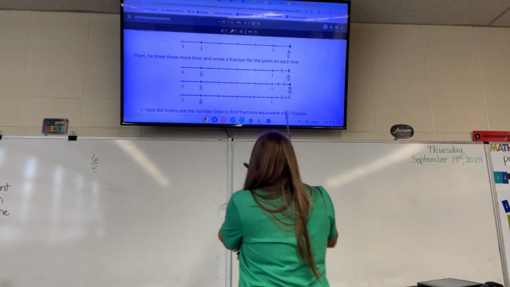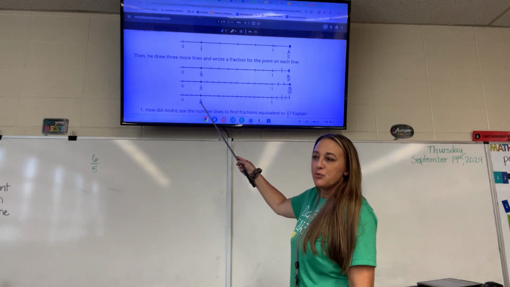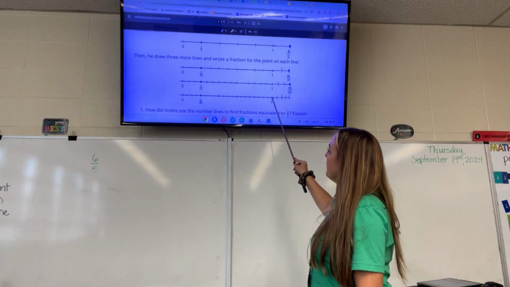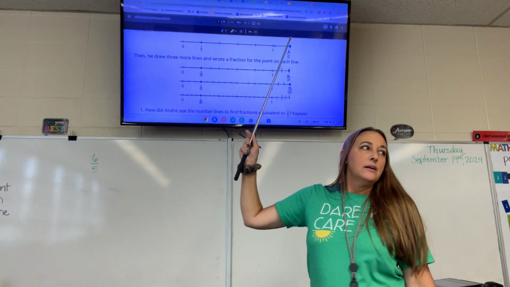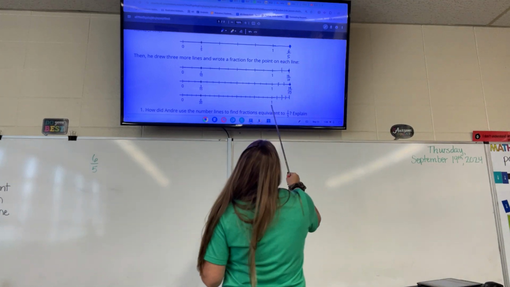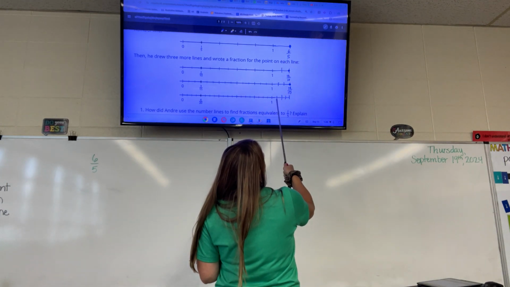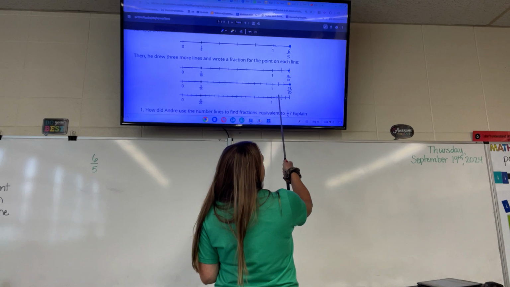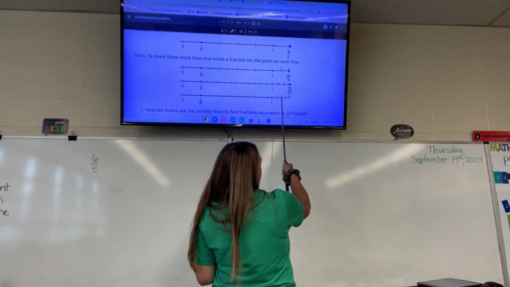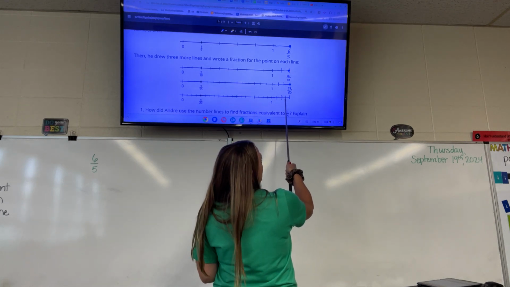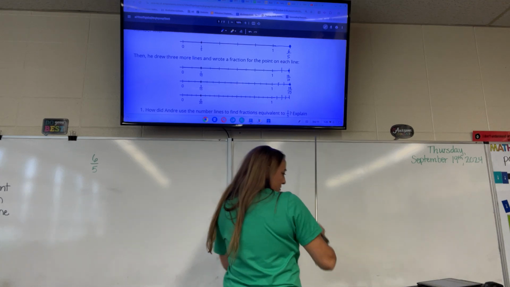Okay. So if my denominator's 20, what would this point or one whole be? 20 20ths. And so this would be 21 20ths, 22 20ths, 23 20ths, 24 20ths.